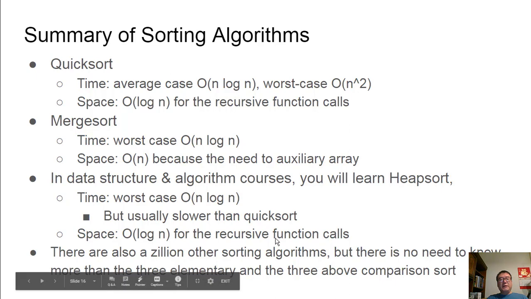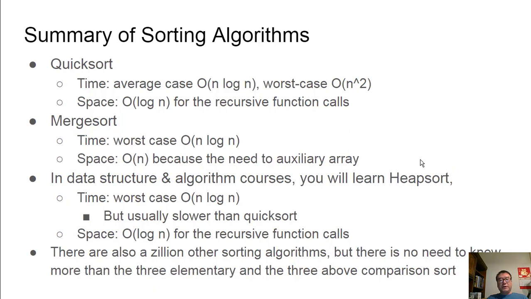And there are many other sorting algorithms, but there's really no need to know them unless you're specializing in this area. There's really no need to know more than the 3 elementary algorithms and these 3: quicksort, merge sort, and heap sort for comparison sort.